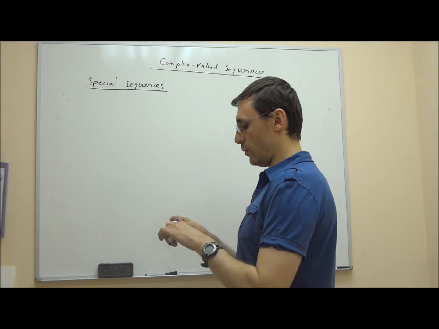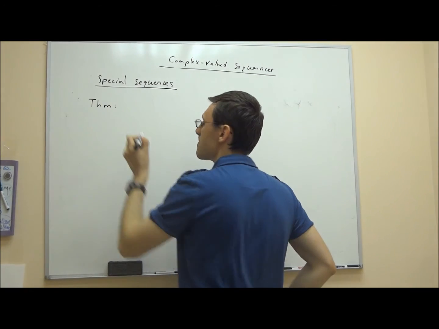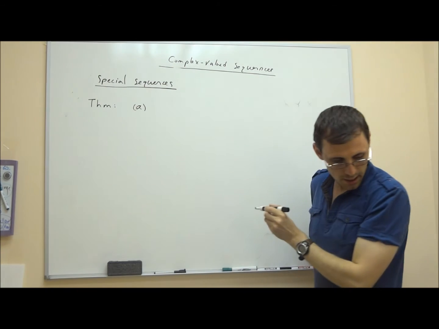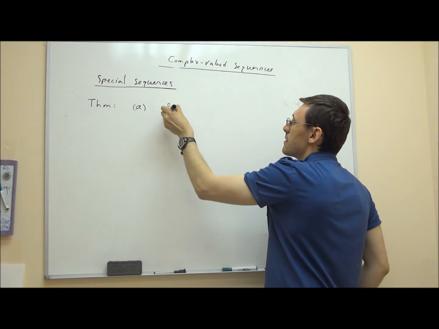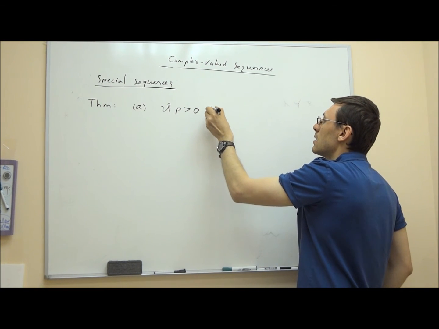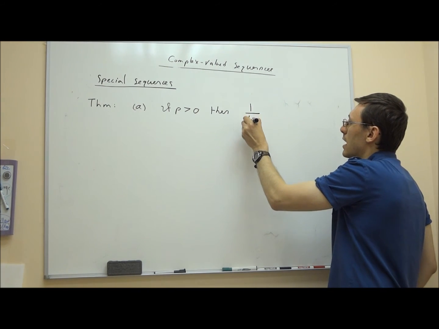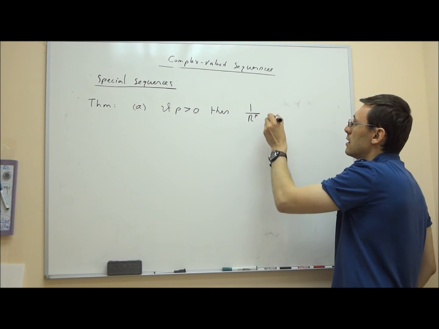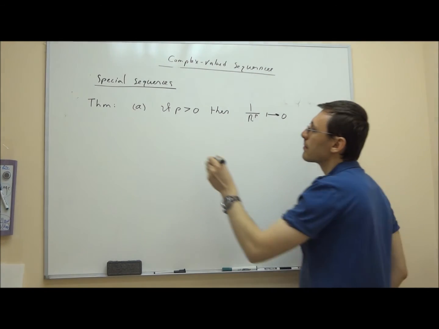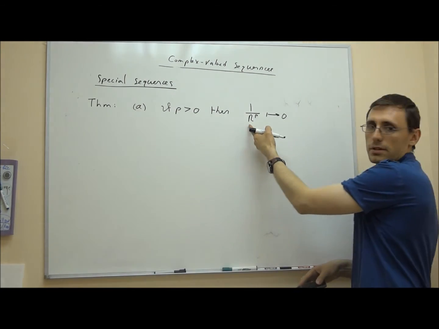So the goal now is to prove the following theorem. A. If p is a number bigger than 0, then the sequence 1 over n raised to the power of p goes to 0. In other words, the limit of the sequence goes to 0.